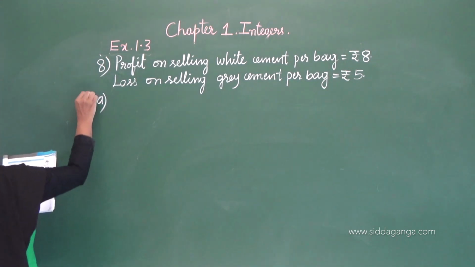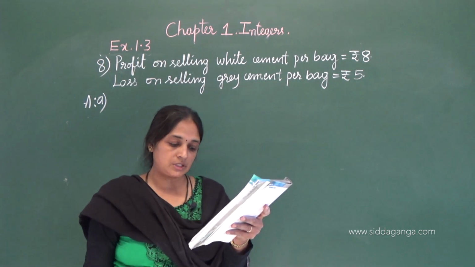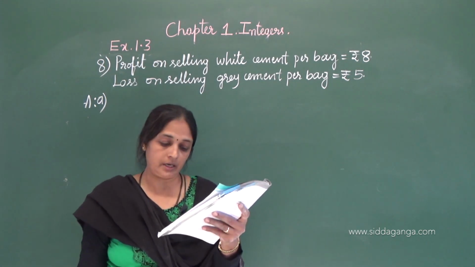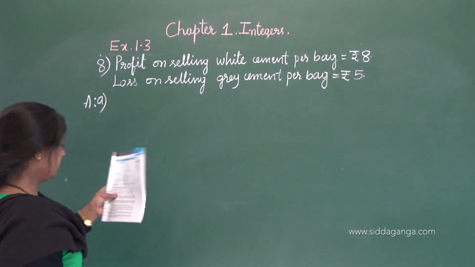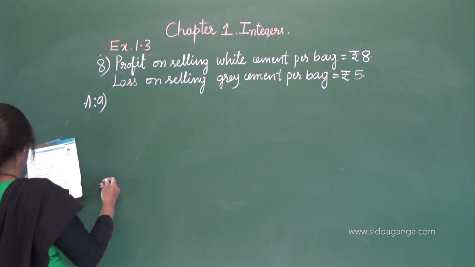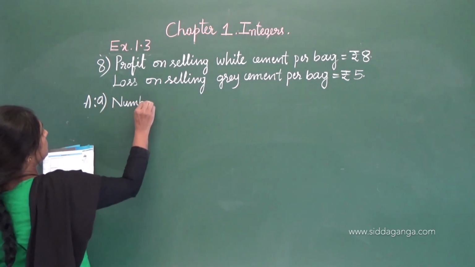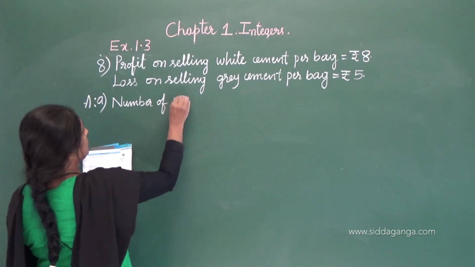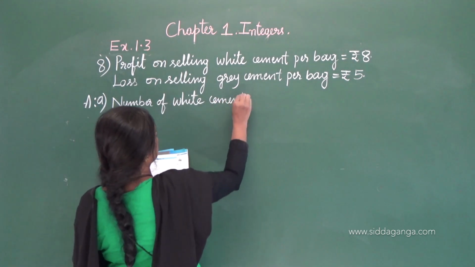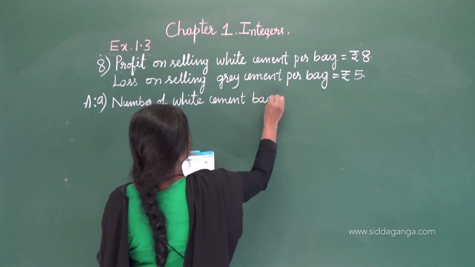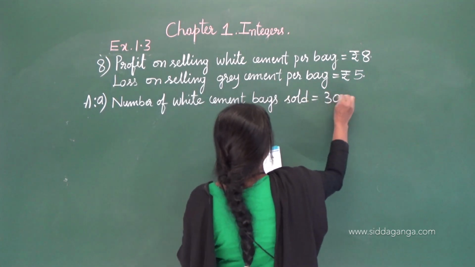For the first question, the company sells 3,000 bags of white cement and 5,000 bags of grey cement in a month. Okay, number of white cement bags sold is equal to 3,000.